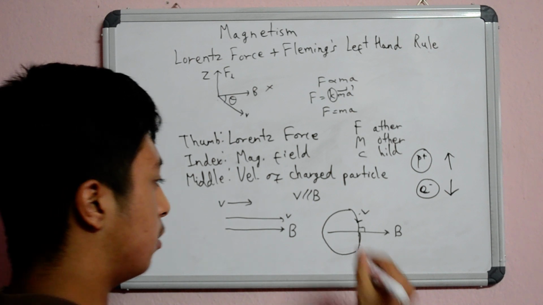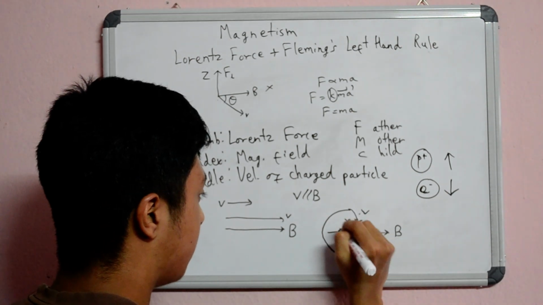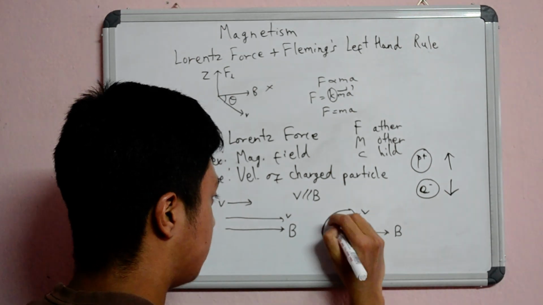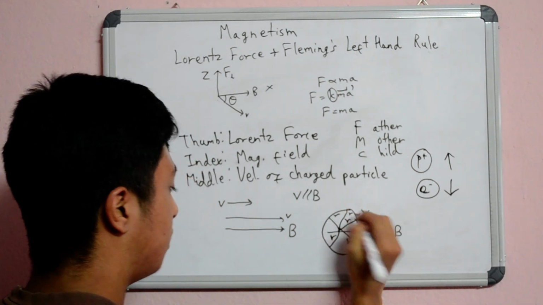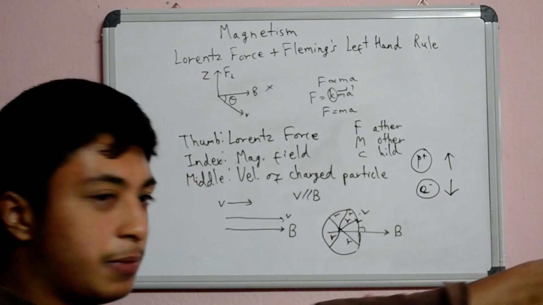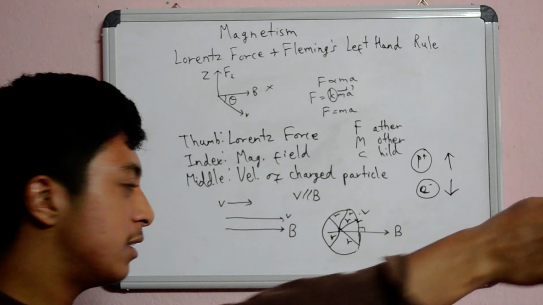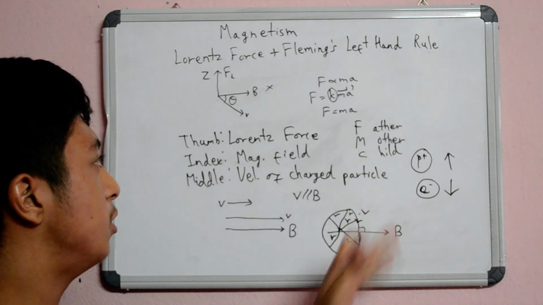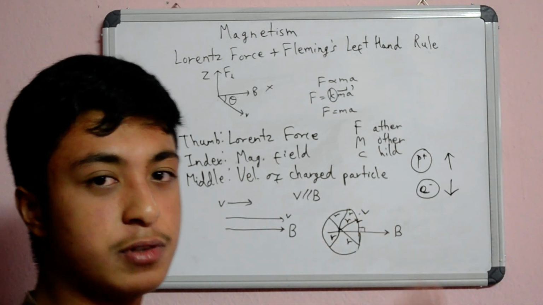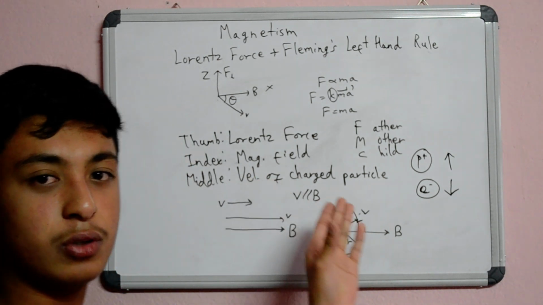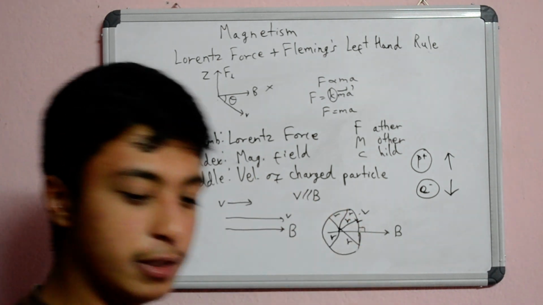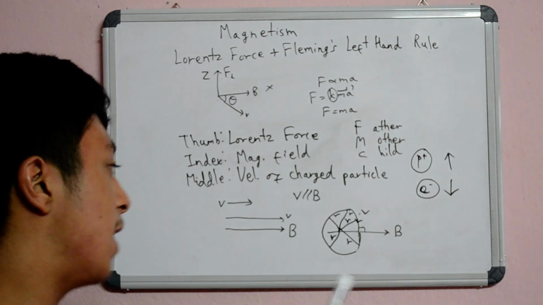Because in a circle the radius is the same, touching all of its circumference. So that means it will kind of be like pulling the velocity towards it, which actually creates a centripetal force, which again you'll have to talk about in motion of electron in magnetic field.